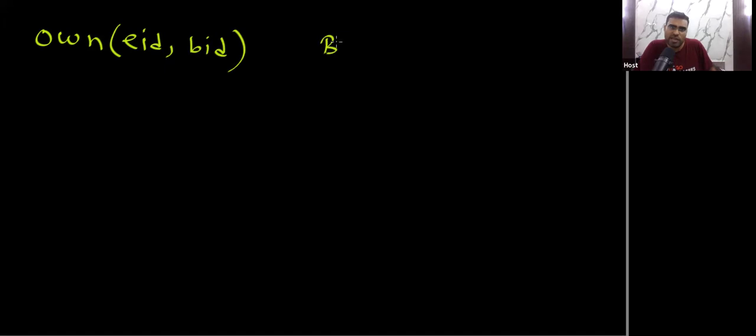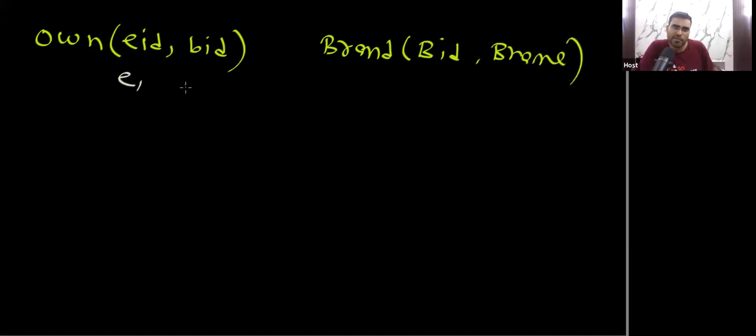And let's assume in the brands table, which has all the brands, you have BID, B name. Now notice, let's assume that E1 owns B1, and let's assume E2 owns B2. And let's assume E1 owns B2. So like this. Okay, is this clear?